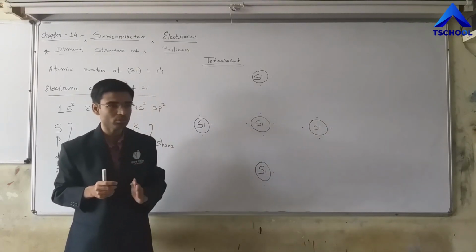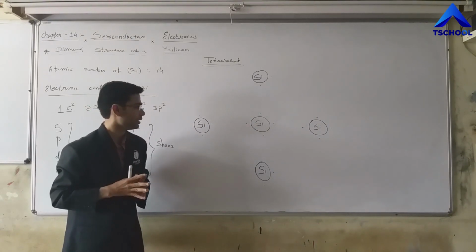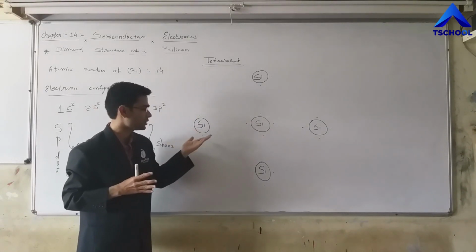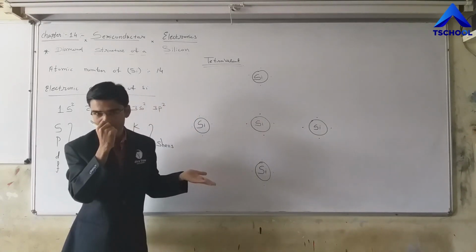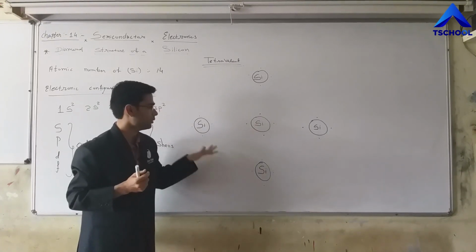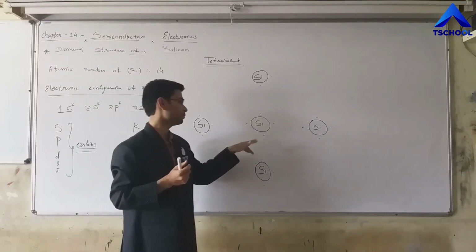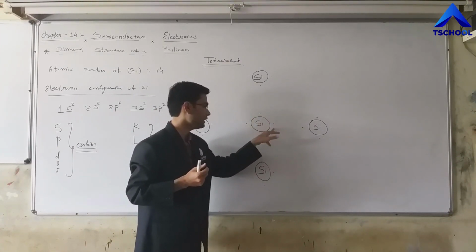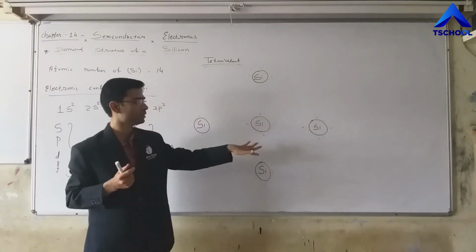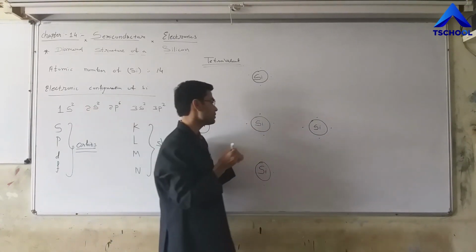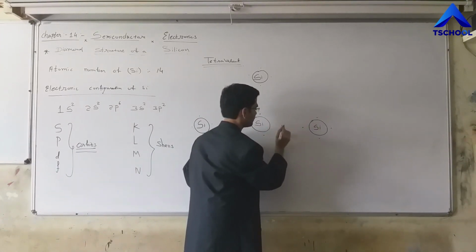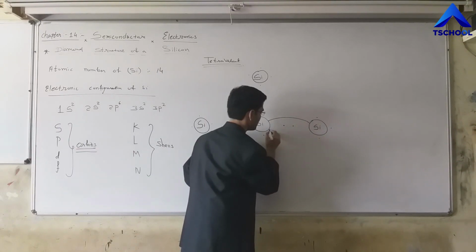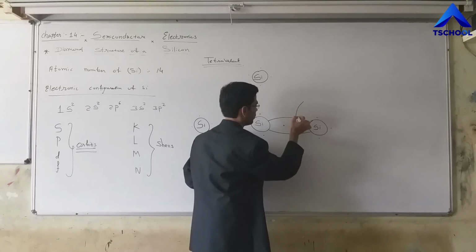At absolute 0 Kelvin temperature, semiconductors behave as insulators. At that time, silicon has 4 vacant electron places, and by sharing one electron with a neighboring atom, it forms a covalent bond.